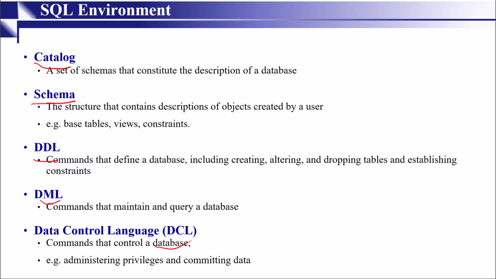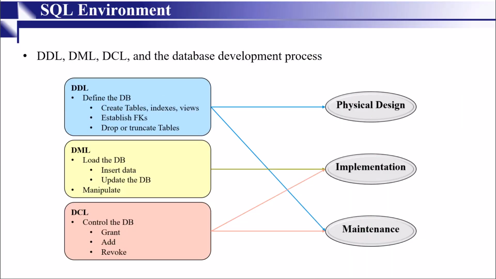Let's see how these concepts come together in the database development process. This slide illustrates how DDL, DML, and DCL fit into the database development process. Let's break it down step by step. With DDL, we define the database structure during the design phase.